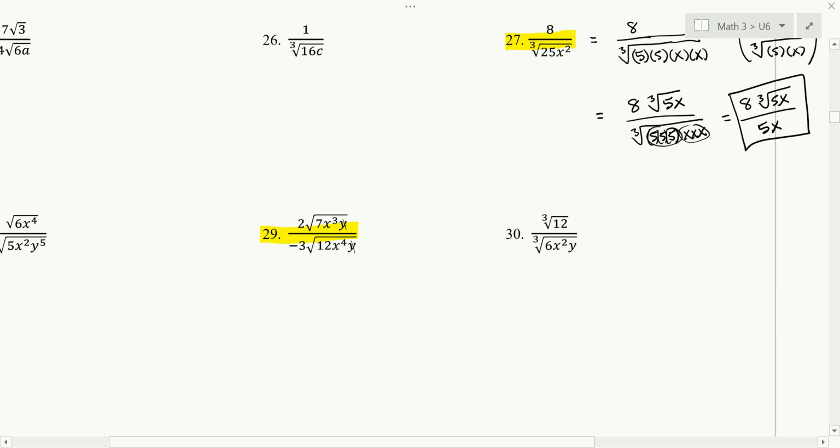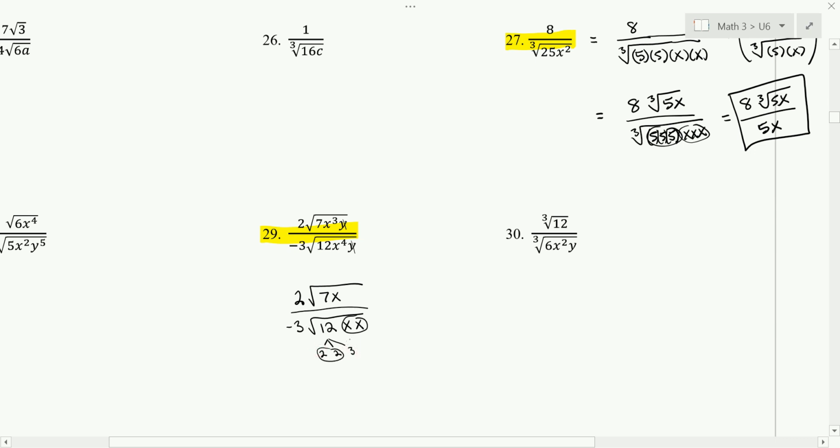I could divide by 3 x's, but that leaves me with 1 x, but now I want to create pairs of x's, so I'm going to divide by 2 x's, and so after I simplify this, I get 2 square root of 7x over negative 3 square root of 12x squared, which is x times x. So I already have my pair of x's. 12 is 2 times 2 times 3. So I already have a pair of 2's.